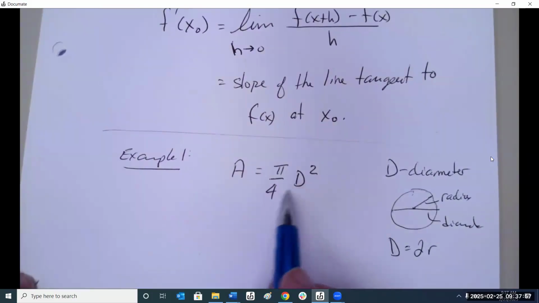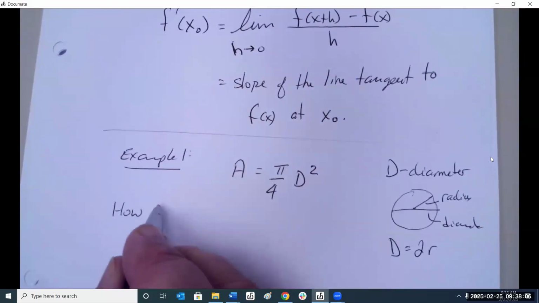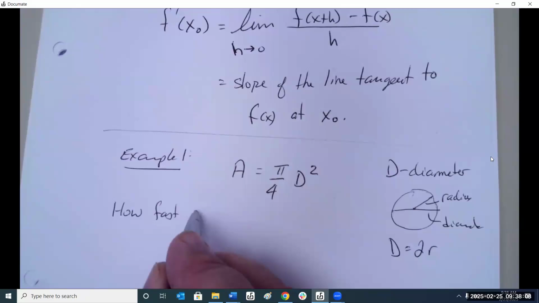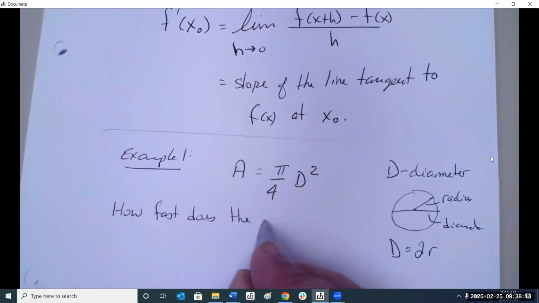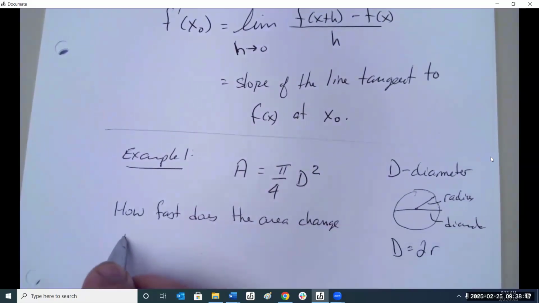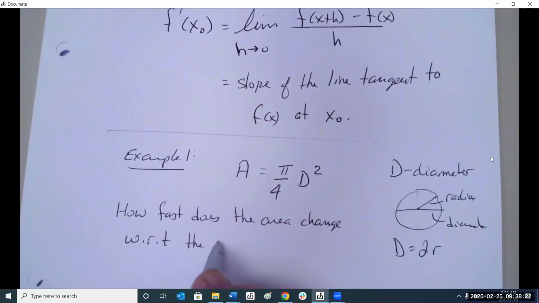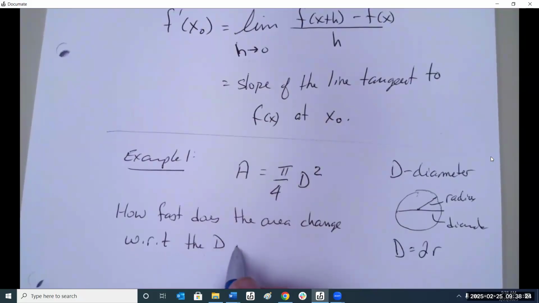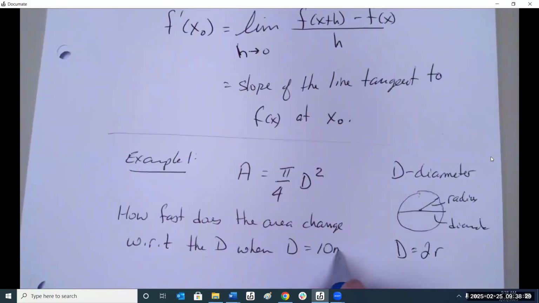So we know we have the formula of the area of a circle at any diameter. The question being asked here is how fast does the area change with respect to the diameter when the diameter is 10 meters?